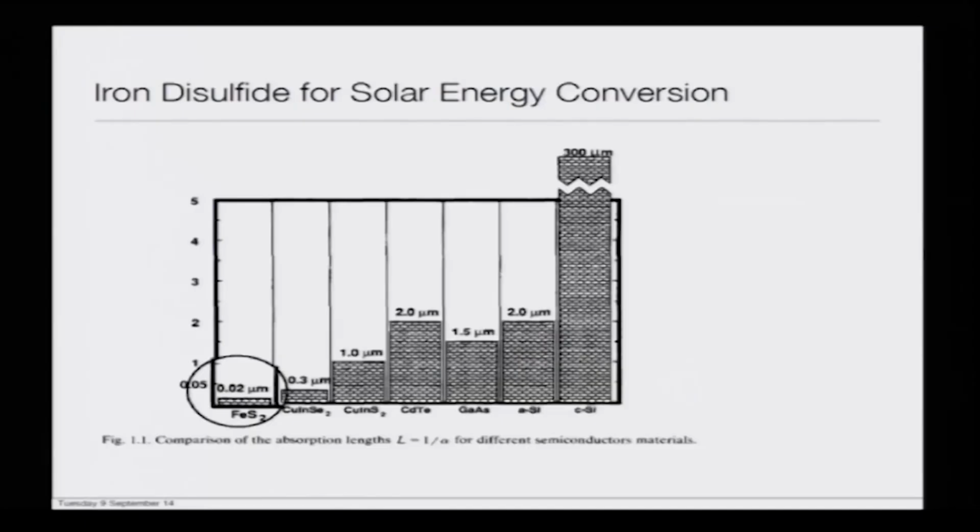If you look at FeS2 and compare it with copper indium selenide, then with cSi, which is crystalline silicon, aSi, amorphous silicon, gallium arsenide, GaAs, and cadmium telluride, CdTe, you will see that for producing the same amount of output using these photovoltaic materials, you need the minimum amount with iron pyrite. This is its phenomenal ability to transform sunlight into electrical energy, into photovoltaic energy.